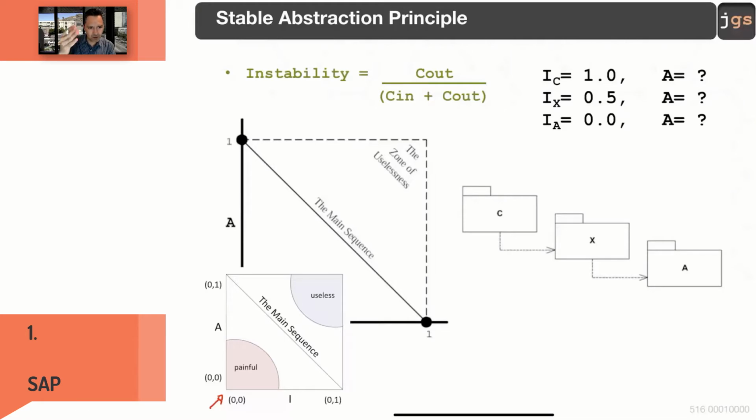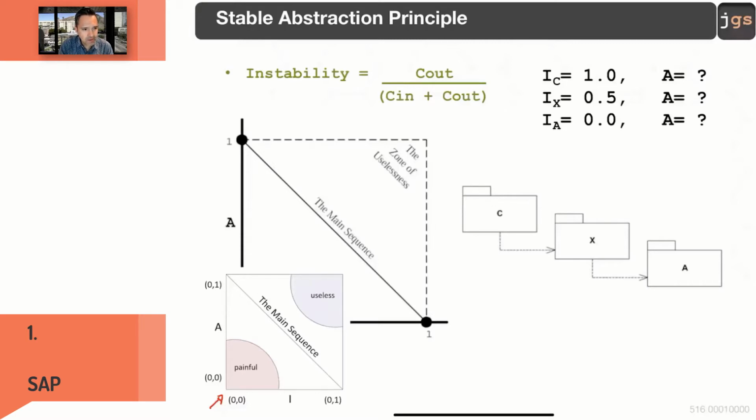Question number 1 that hopefully you have is, well, what about abstraction? Scenario number 1, let's think that all the classes in those packages are concrete classes. Those packages do not have interfaces. Those packages do not have any abstract class. All of them use concrete classes.